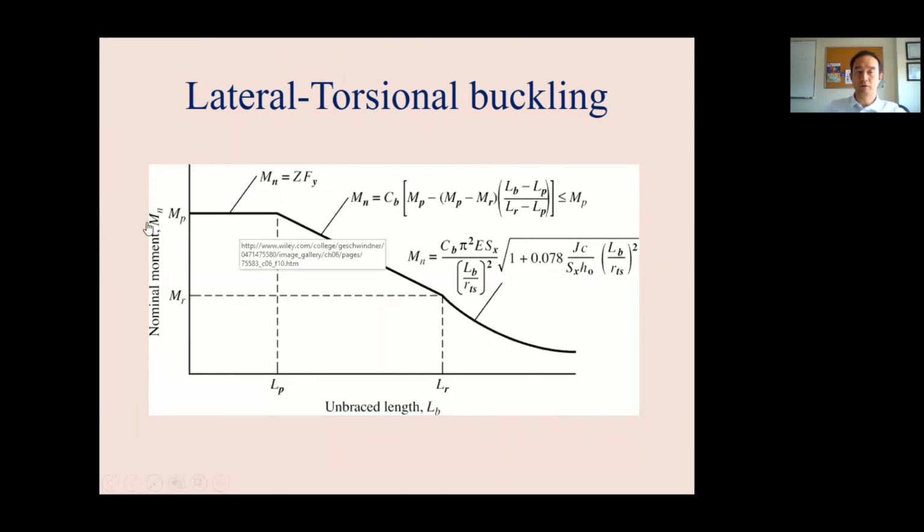So we have a fully plastic moment, and here the nominal moment is kind of reduced due to the lateral torsional buckling effect. And if your unsupported length is too long, longer than L sub R value, then your nominal capacity of your beam is pretty low.